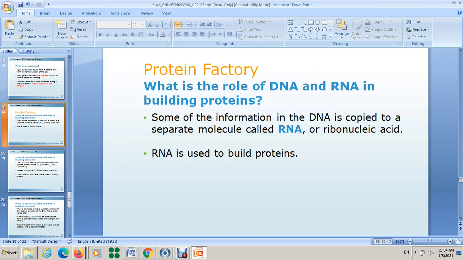Hello everyone. In the previous video we studied DNA replication, how the DNA starts to make copies of itself to be ready for cell division. As you know, the DNA carries all the information, the instructions for growing, for development, for dividing.